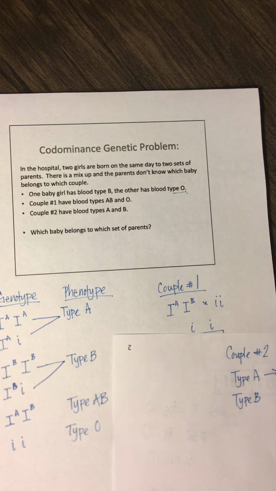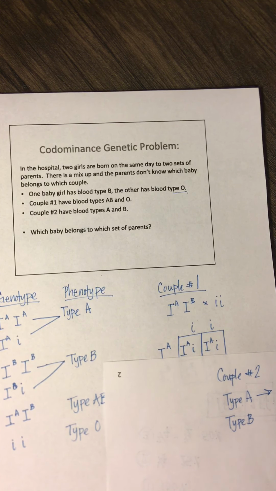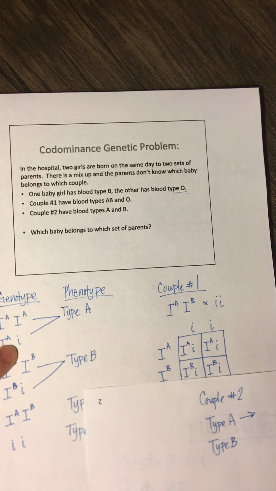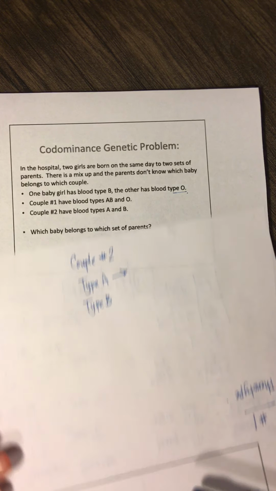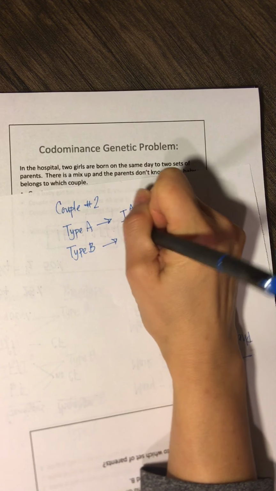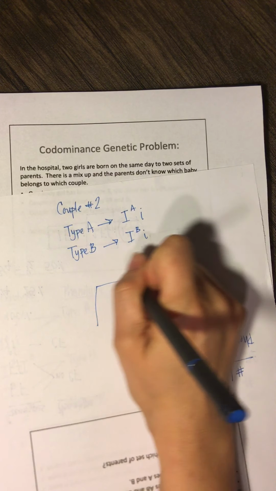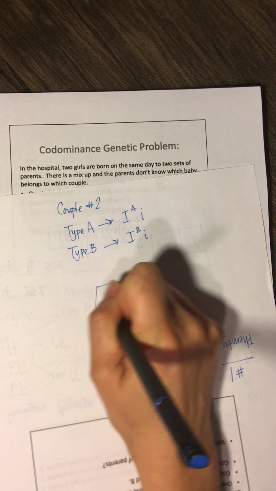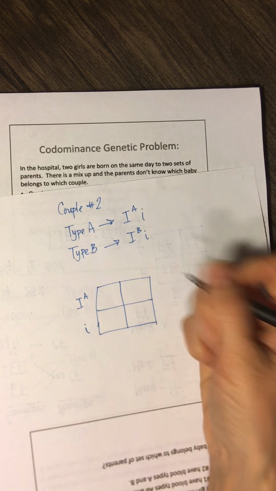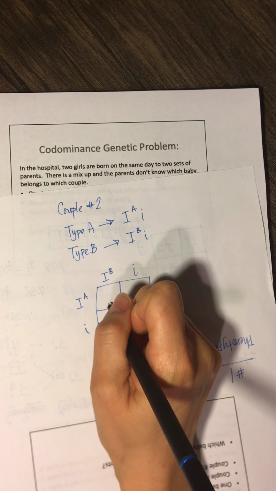And if you notice, there are 2 ways to get type A blood and there are 2 ways to get type B blood. I'm going to look at the genotypes A little i and B little i. And then I can complete the Punnett square. So I put the genotype of one parent on the left-hand side and the genotype of the other parent up top. And then I fill in the Punnett square.